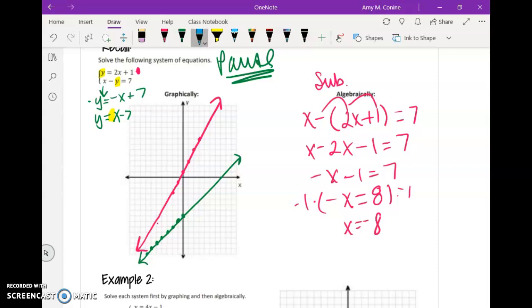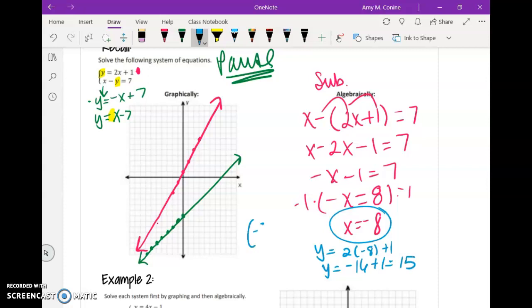Now remember, we're not done with that. We're going to take this and plug it back into our original equation, the one we didn't use. So now we've got y equals negative 16 plus 1 equals negative 15.